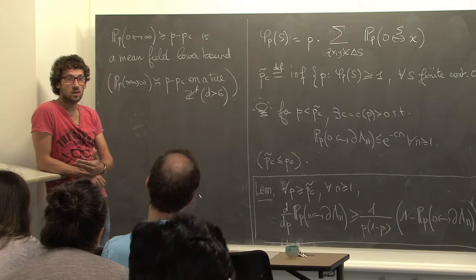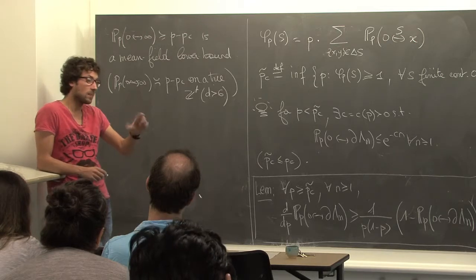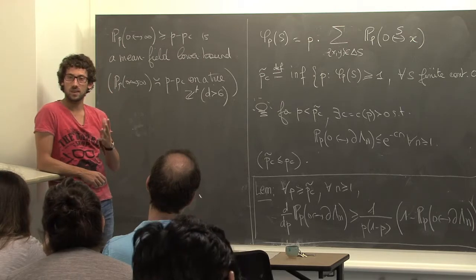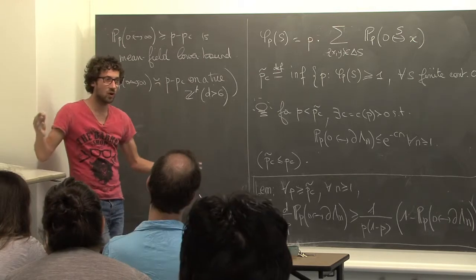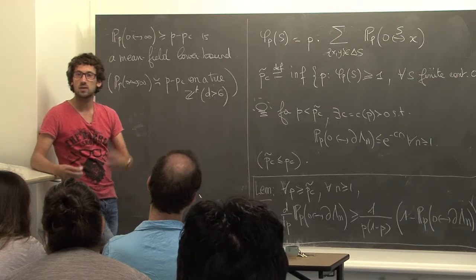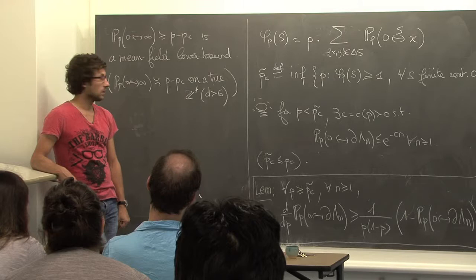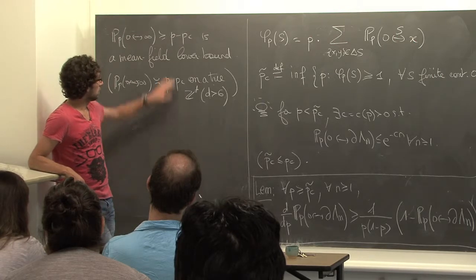The cycles are big, but they are still finite size, so there is sufficient room in your lattice that you don't feel the cycles, and you look like something on a tree. Okay, so this is a mean field lower bound.